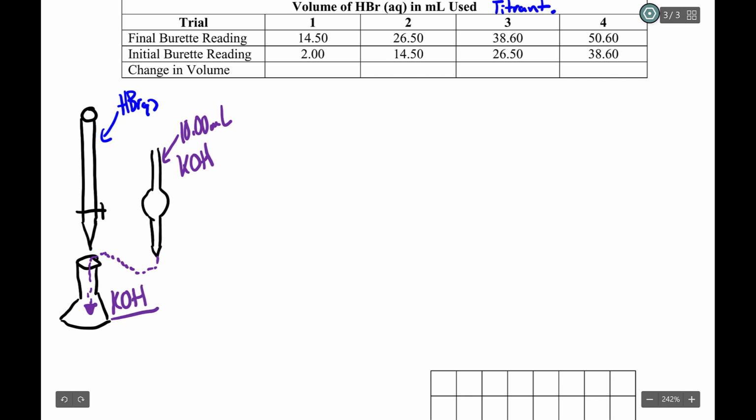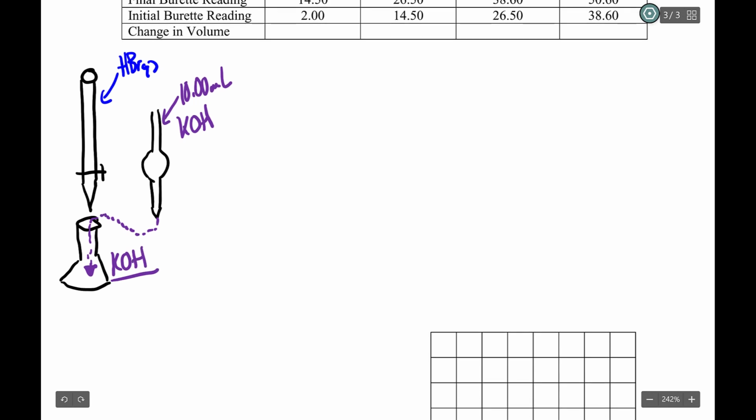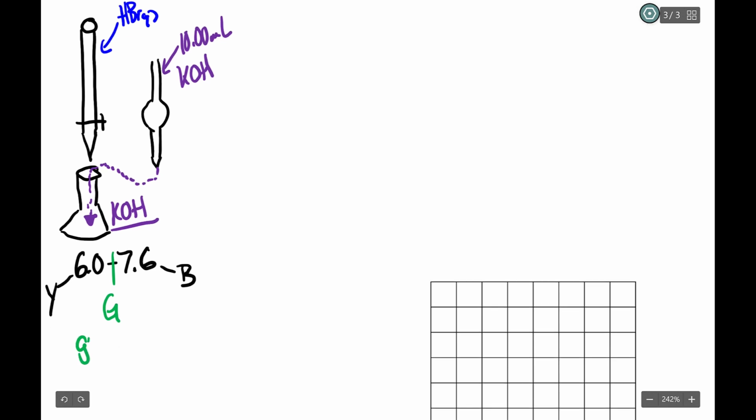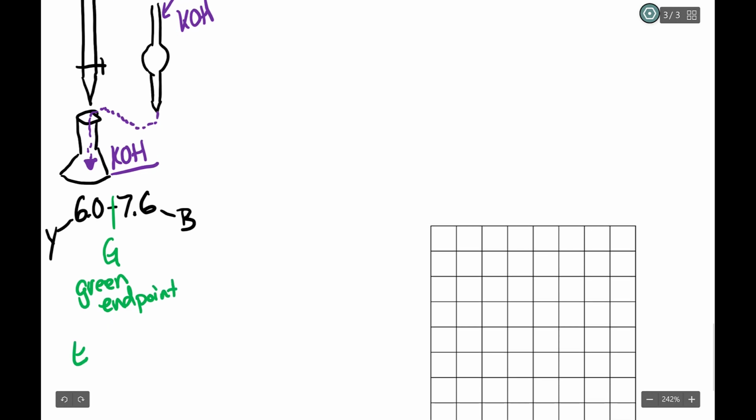in there. And again, I would use bromothymol blue, which changes color at 6.0 to 7.6. It's blue above 7.6, it's yellow below, and green in between. I'm looking for a green endpoint because my equivalence point should be very close to 7.